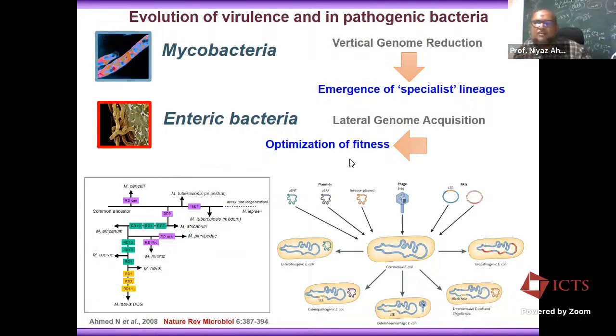So you can see the callout here on the left-hand side bottom panel. You see that each time mycobacteria have resorted to downgrading their genome at specific coordinates, thereby losing chunks of their genome, they have tended to evolve as a specialist lineage destined to a particular host species.